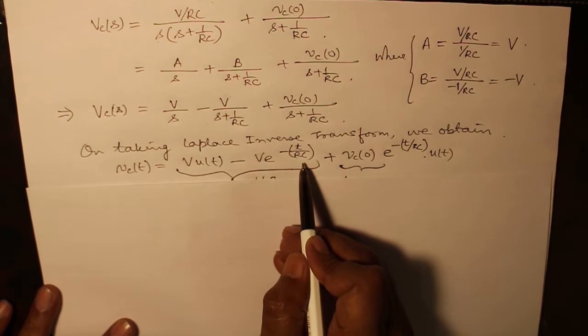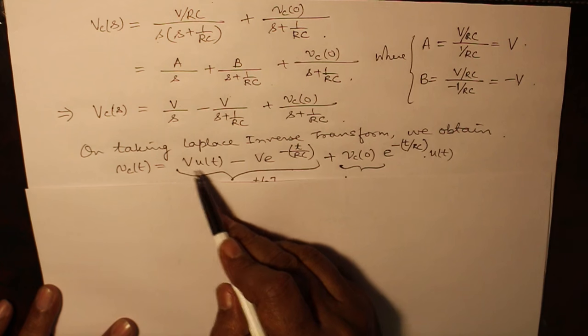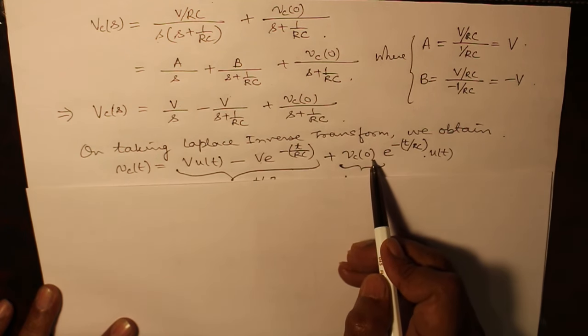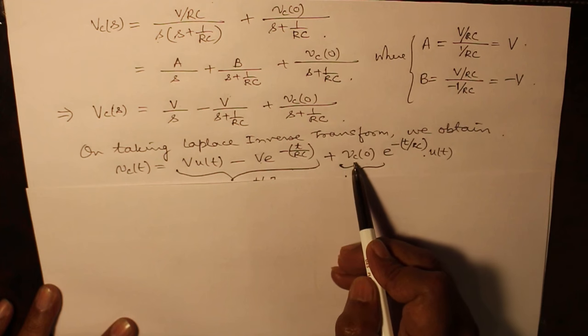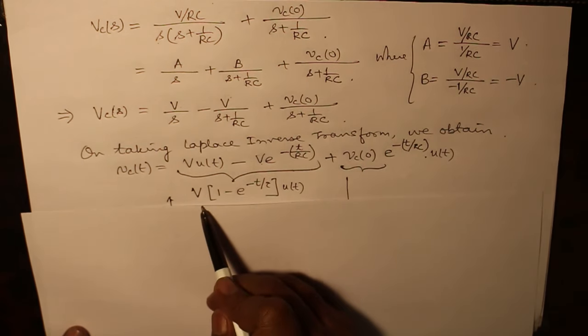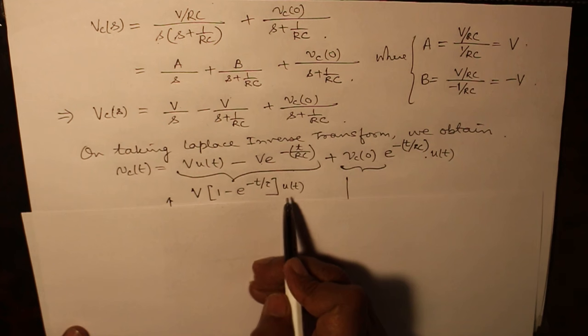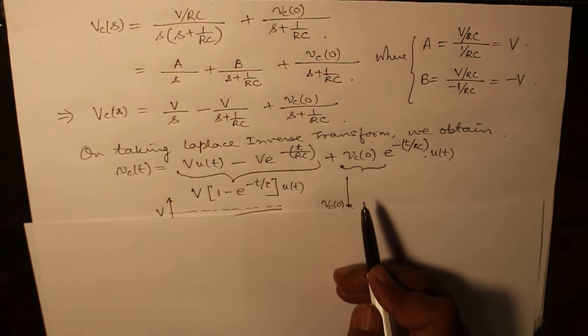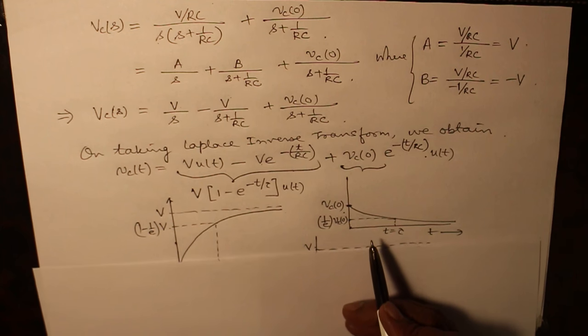Which is this part? It is dependent on voltage V. And which is this part? Dependent on initial condition or a zero state condition, VC(0). This gives the zero state response, and this one gives the zero excitation response, which has been plotted as before.